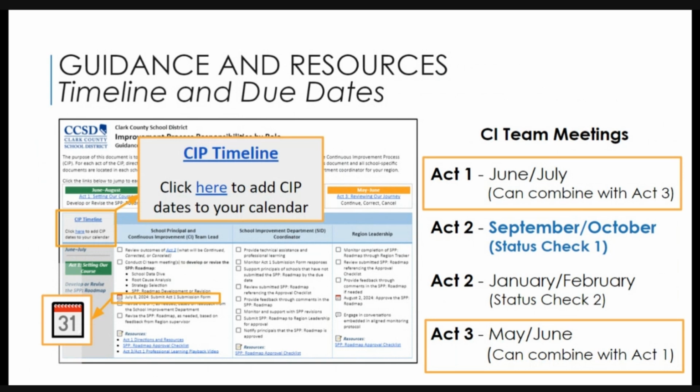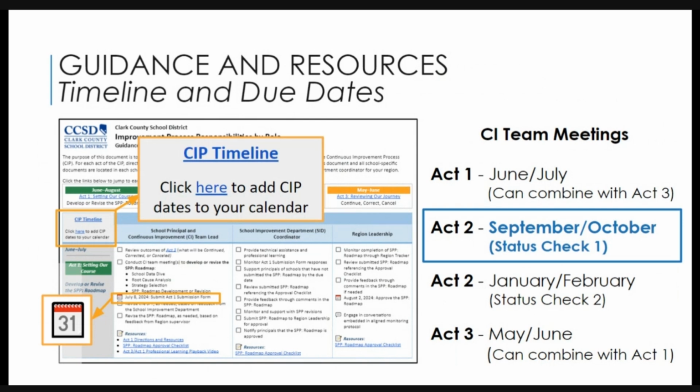The next CI team meeting for this school year will be for Status Check 1. This meeting should be scheduled to occur after the NSPF is released and with sufficient time to submit the status check work by October 11th, 2024. While a due date for the CIP work is listed, submission forms may be turned in at any time once the work is completed.